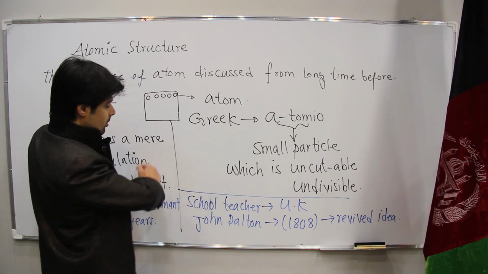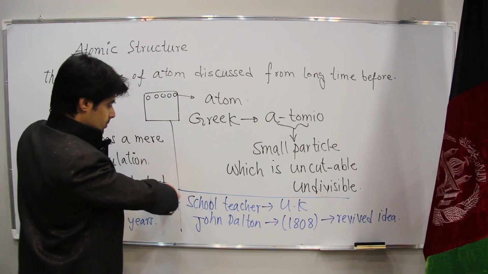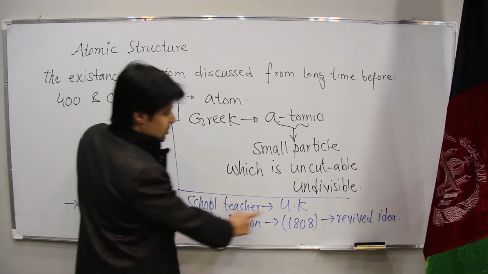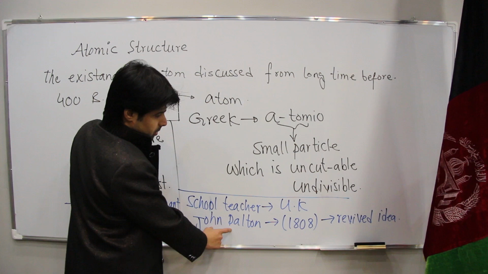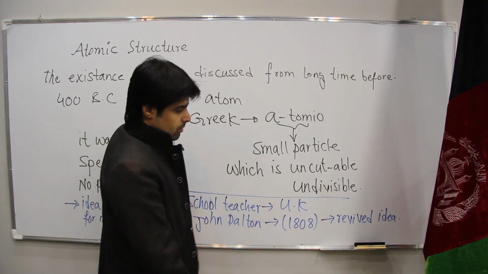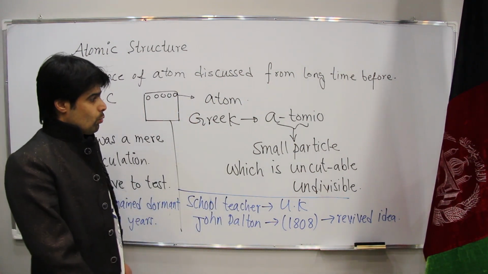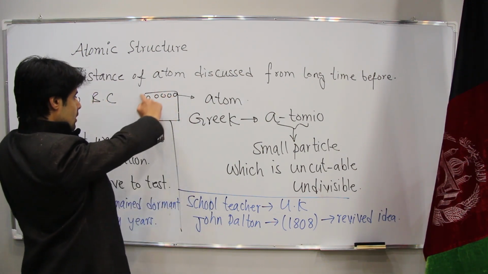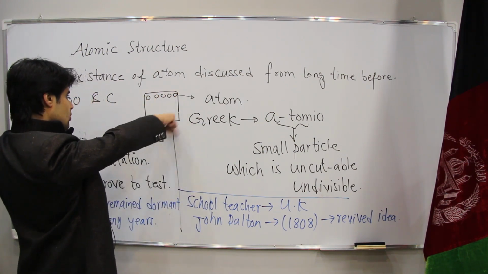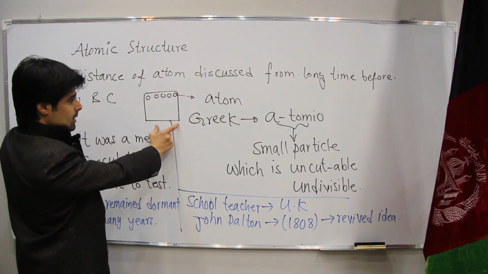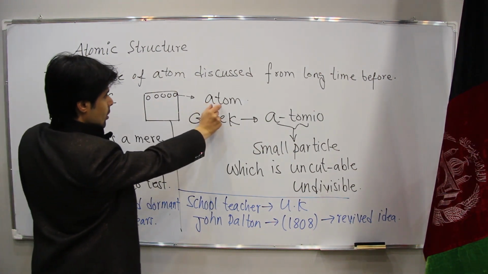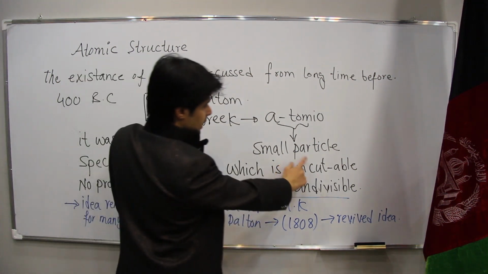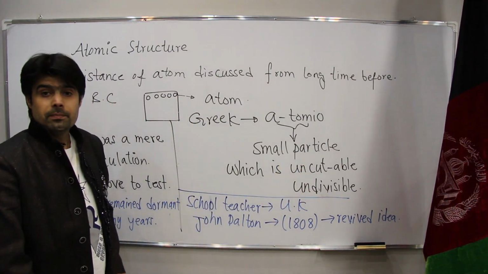But after a long time, a school teacher in the UK by the name of John Dalton in 1808 revived the idea, and once again he claimed that matter is made of small particles, and this small particle is uncuttable.